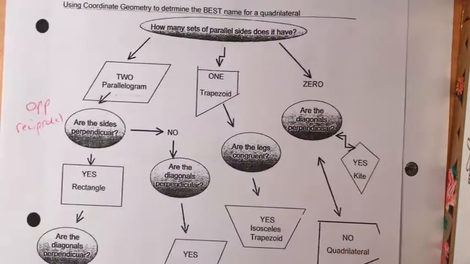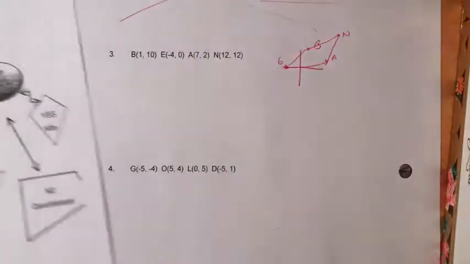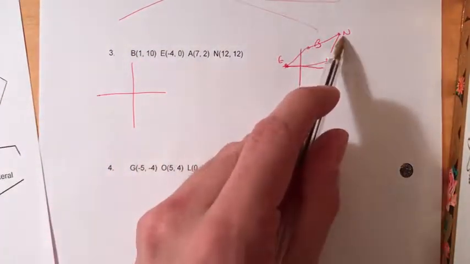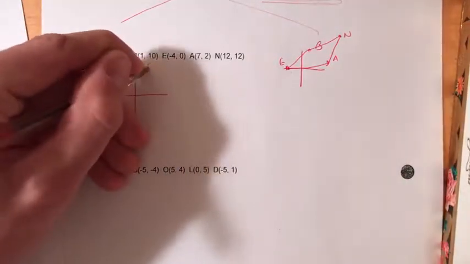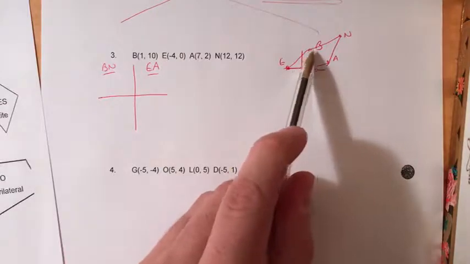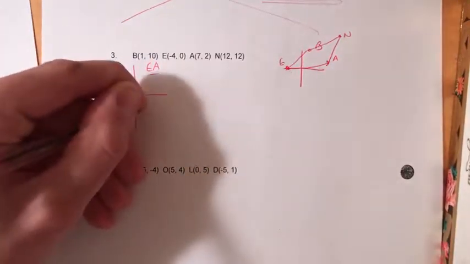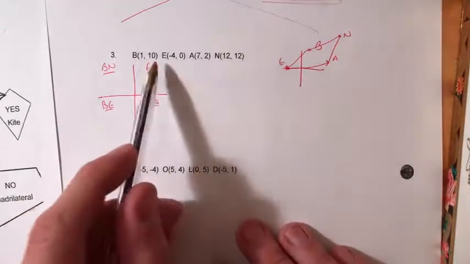So start back at this flow chart where we wanted to before. How many sets of parallel sides does it have? Let's find out. My first set, I have BN and EA. And then my next set is BE and NA. Slope, let's do it.